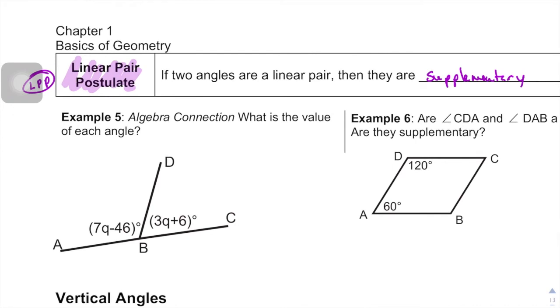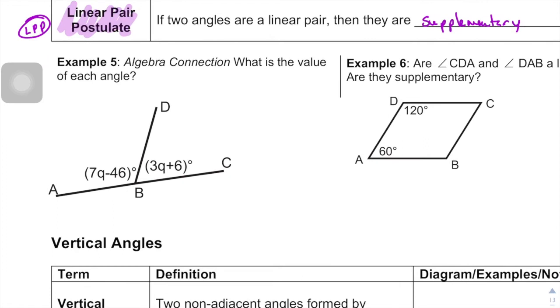So example 5, what is the value of each angle? When I take a look at this one, I can see that the two angles add up to be this straight angle.